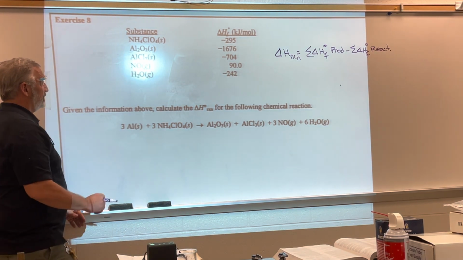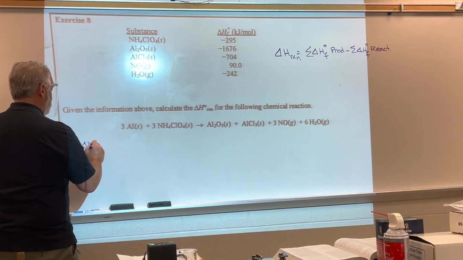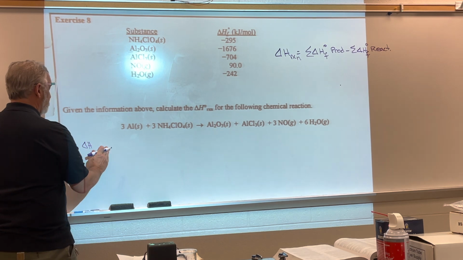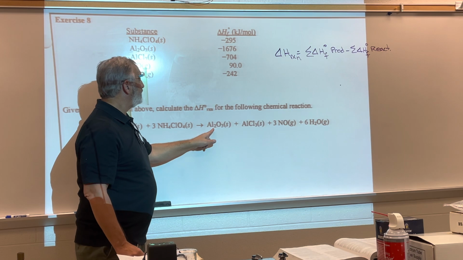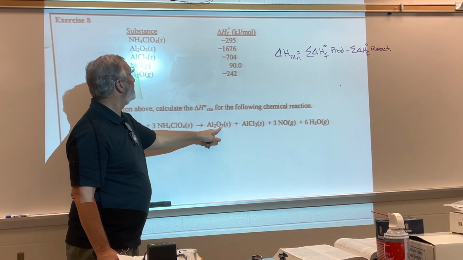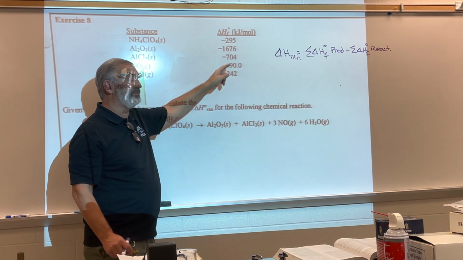So, when we go and look at this then, delta H of the reaction is equal to, we go to products, Al2O3, okay? Well, Al2O3, the heat of formation is negative 1676.